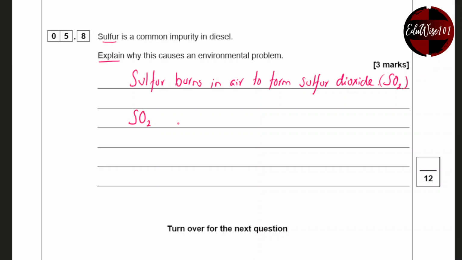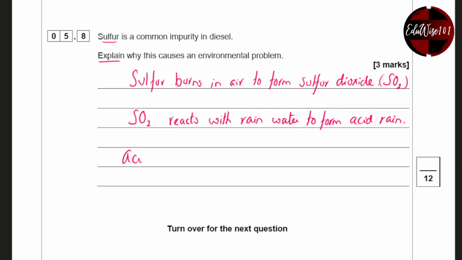SO2 reacts with rainwater to form acid rain for the second mark. Well, what is the problem with acid rain?